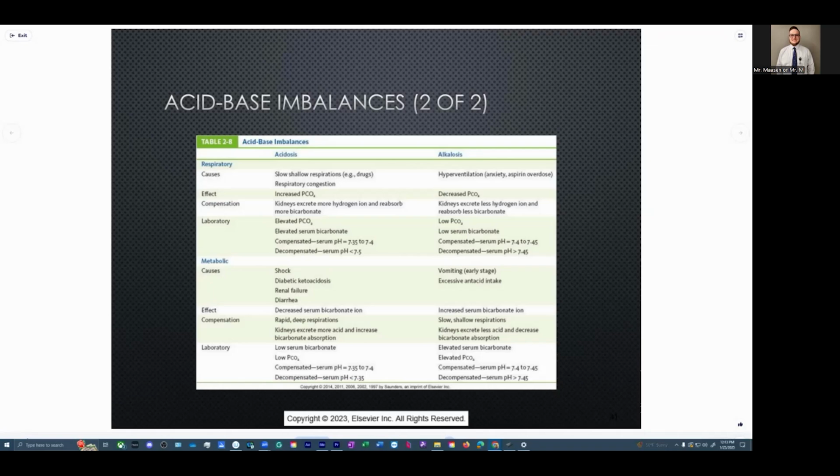And again, alkalosis is basically saying I have decreased CO2. This would be anxiety, panic attacks, causing fast breathing that's blowing off a lot of CO2. Respiratory alkalosis is something that can happen with panic attacks and hyperventilation.